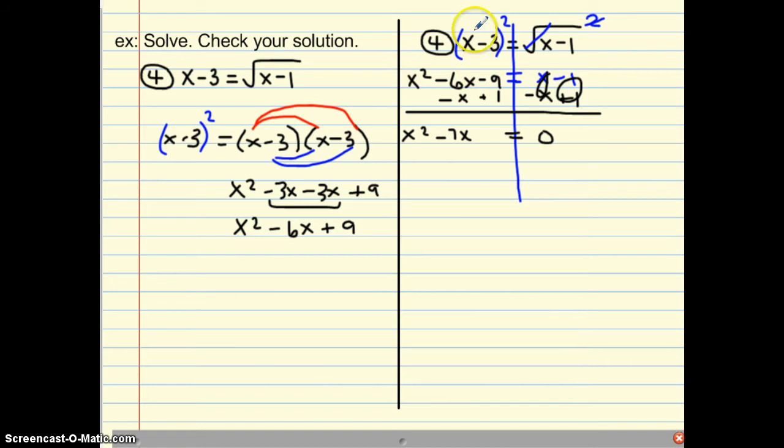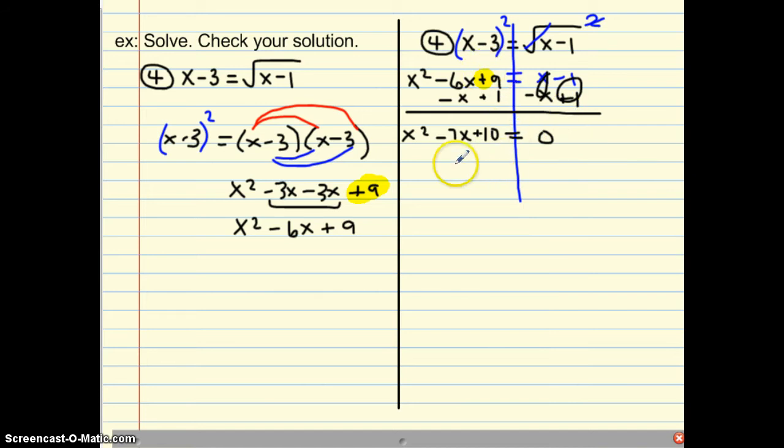This minus 9 should actually be a plus 9. Glad I caught that, because that would have been bad later. We're going to make that a plus 9. So that way we have plus 10 here. Sorry for the mistake, folks. I hope we caught that.